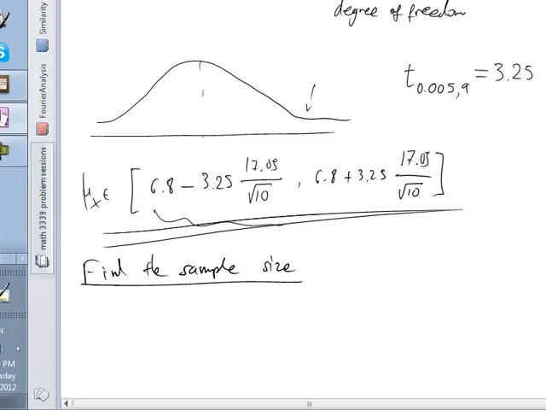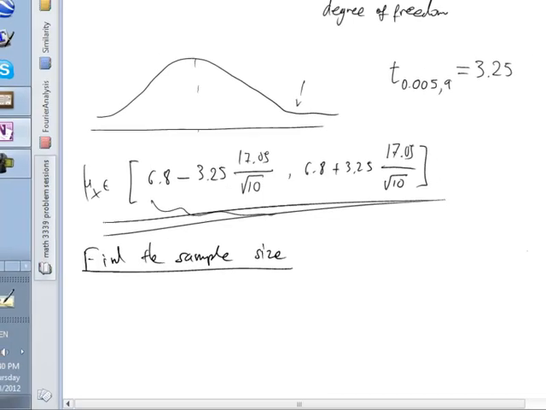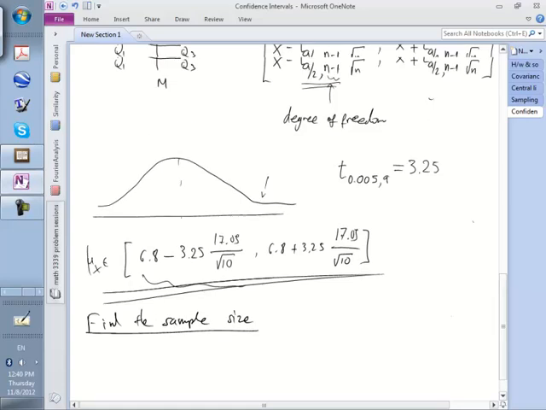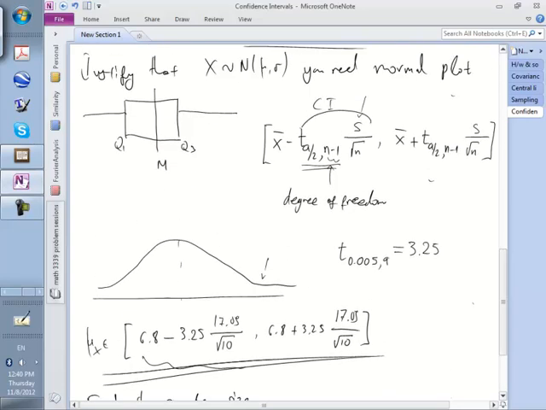When you want a certain error, now this quantity here that I have outlined is called the sampling error, essentially. That's what you see reported on TV. This quantity is called the standard error of estimation.